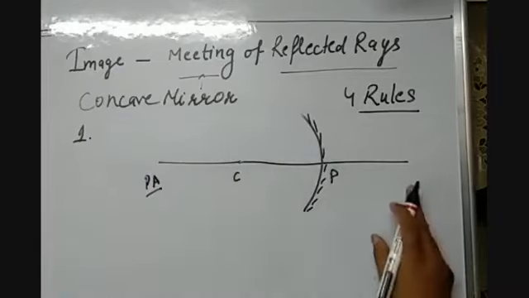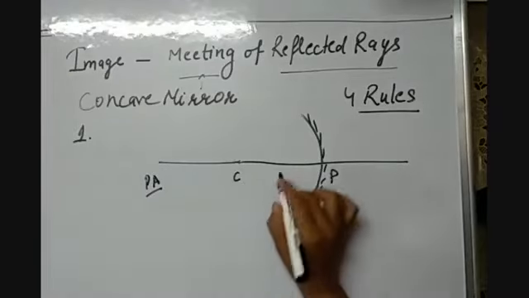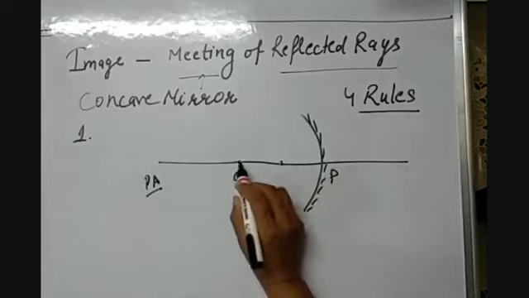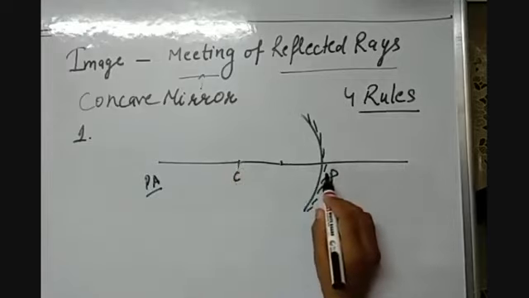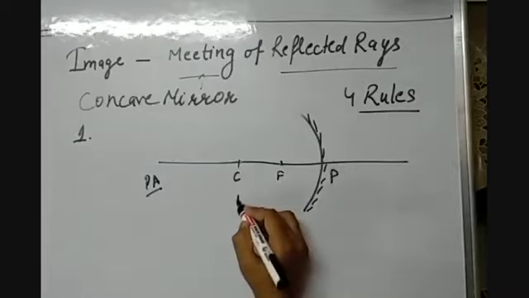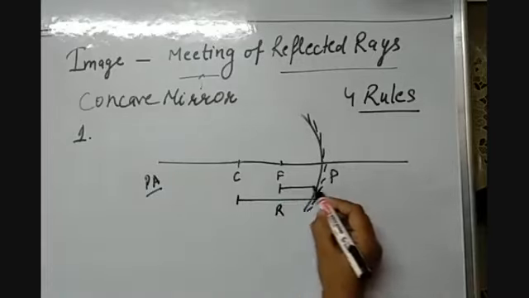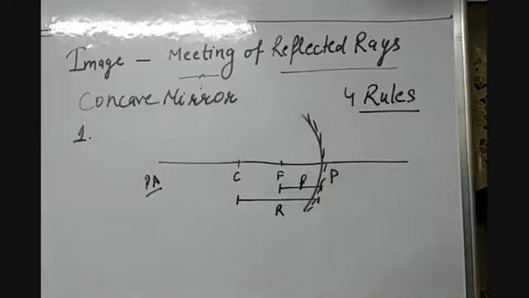So this is our principal axis, this is our center of curvature, and this is our pole. We also know that the half distance between C and P is called our focus. This length is called the radius of curvature, and this length is called the focal length.